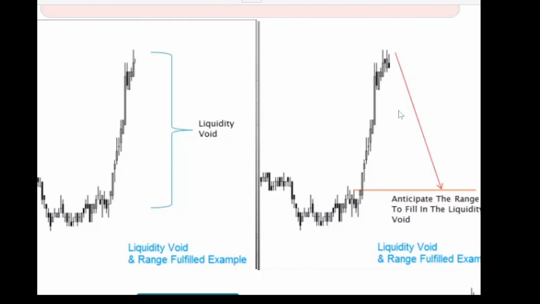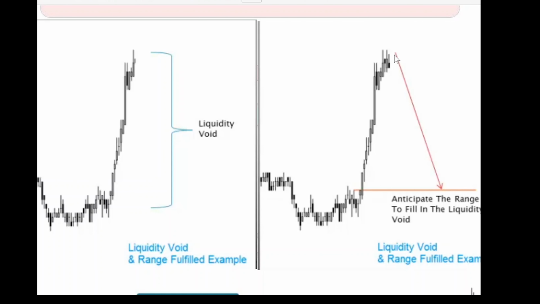The second image right here is going to show us that yes, money lies here. So retailers are always going to buy because the market is in an uptrend. So let's buy. They buy, they put their stop losses around here. That's more buy stops.